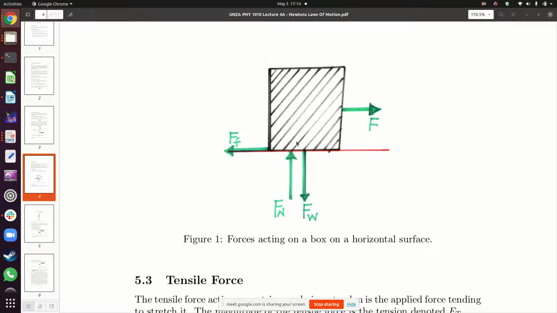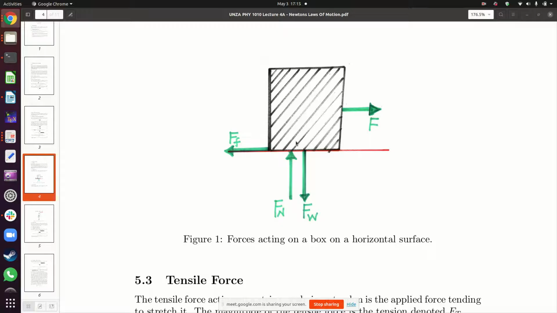With this number of forces, some of them acting vertically, others acting in a horizontal direction, you need to work out one force. So you need to add these forces. You need to add the forces acting in the horizontal direction. You need to add the forces acting in the vertical direction, so that you can have something called a resultant force.